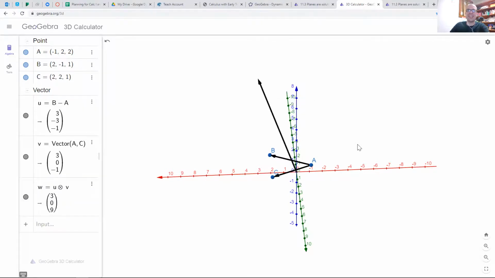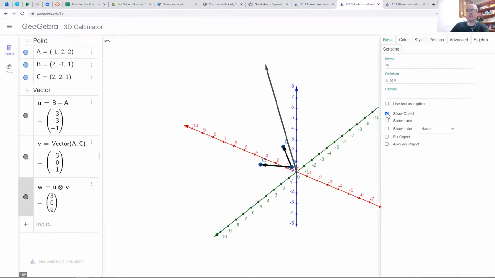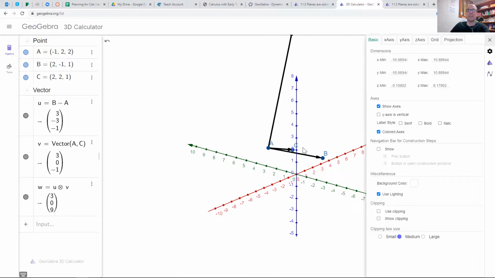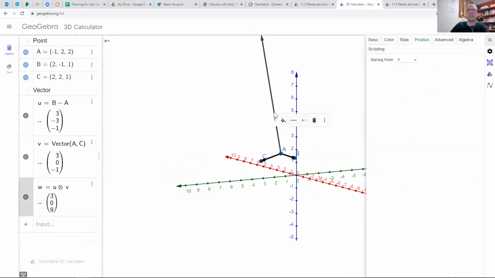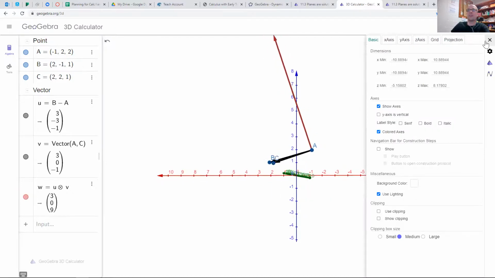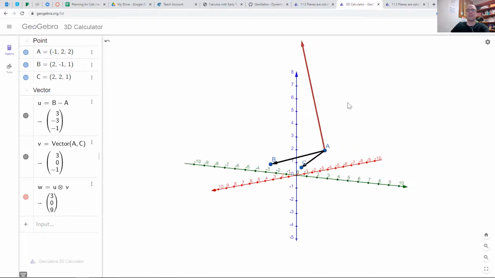And again, that looks kind of weird. Let's move this vector to start at point A as well. I don't know. I like that a little better. Give it a different color. Cool. So that one is the cross product. That's our normal vector for the plane.